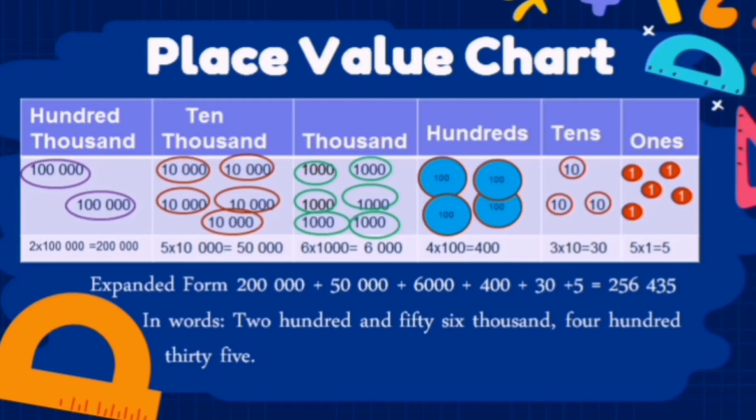So we read this number as 256,435. Understanding the place value of digits in numbers helps in writing numbers in their expanded form. In expanded form, we write a number as a sum of the place values of all its digits.